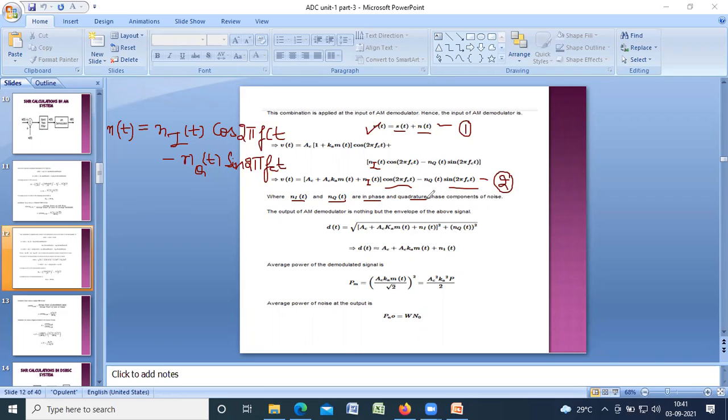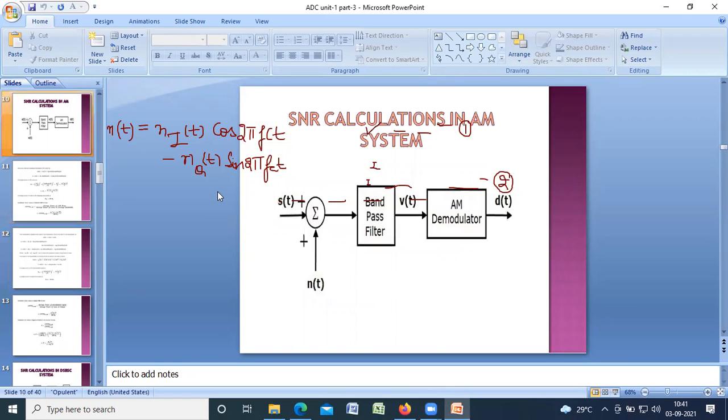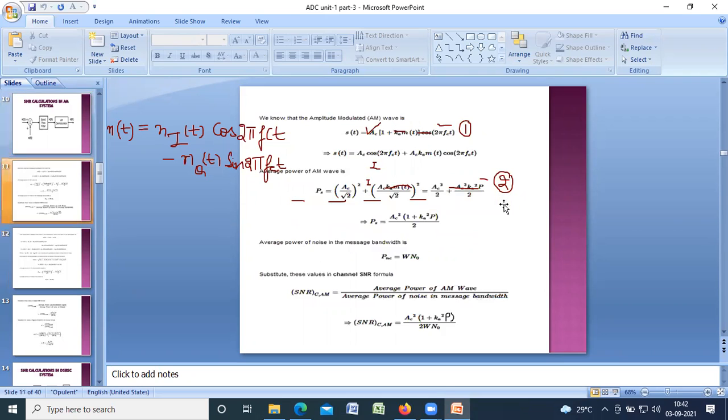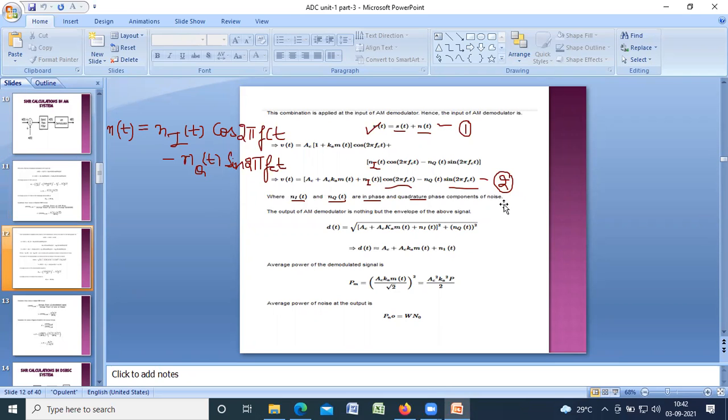Okay. Now, what is the output of the AM demodulator? D of t. Now what is D of t? That is the output of the demodulator, just the envelope of the amplitude modulated signal. The amplitude modulated signal is S of t.